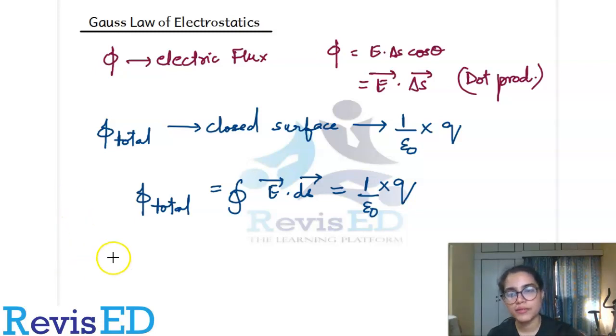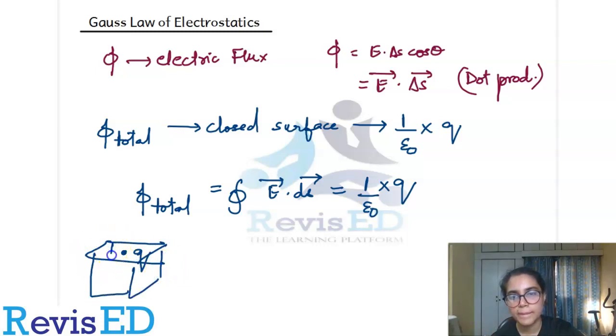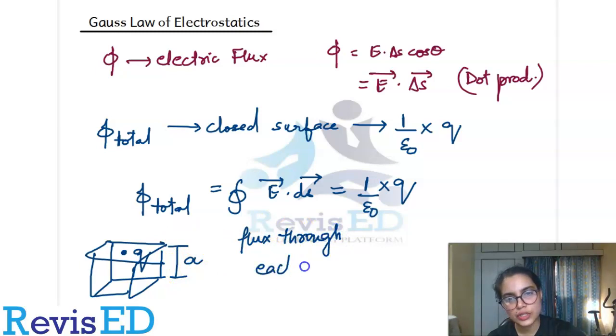If we have a point charge Q placed inside a cube, and the edge of the cube is of length A, then as per Gauss law, what is the flux through each face of the cube?